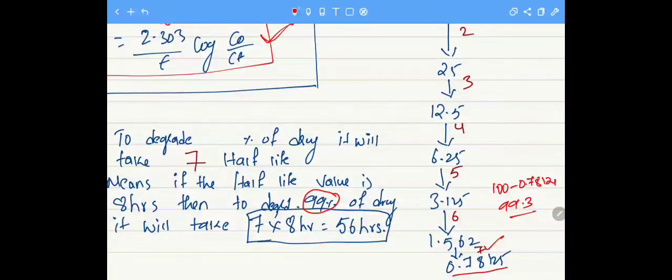What do you mean by that? If the half-life value is 8 hours, then 7 half-lives means it will take almost 56 hours to degrade 99% of the drug. So they may give the value. The question may be like, how much time does it take for a first order kinetics reaction to degrade 99% of the drug?